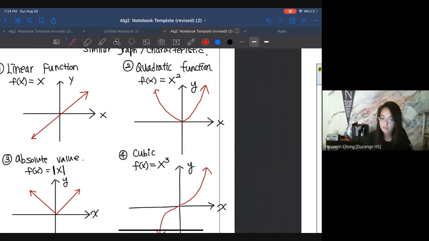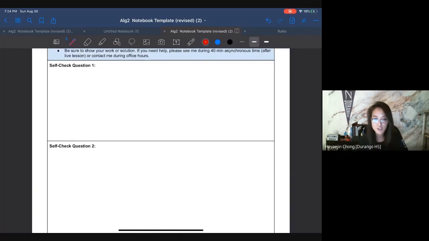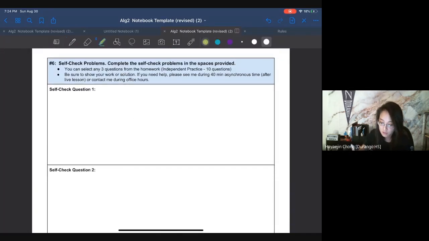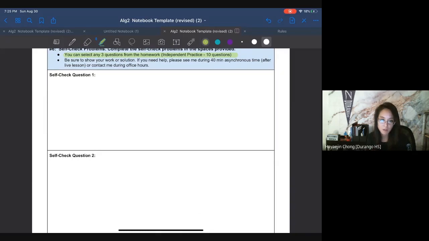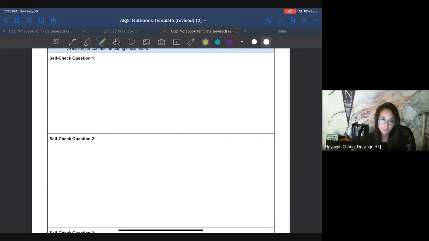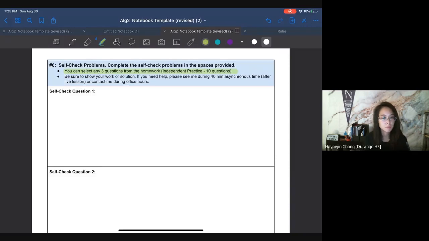Now, after you complete this note, please select 3 self-check questions. You can choose these from your homework, which is your independent practice. There are 10 multiple choice. You can just select 3 problems from there and work on them. Okay, 3 problems. And then you complete. You can ask me any questions during office hour or async time, maybe on Wednesday, Thursday or Friday, whenever.